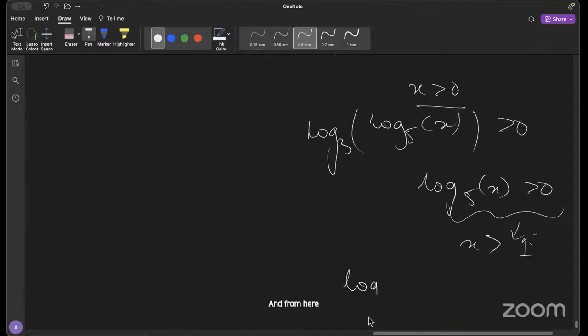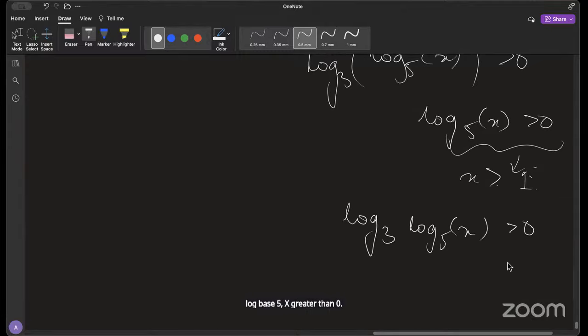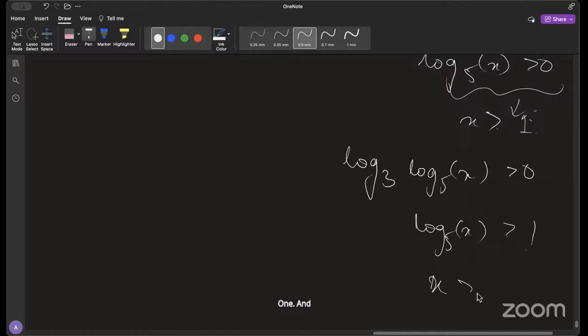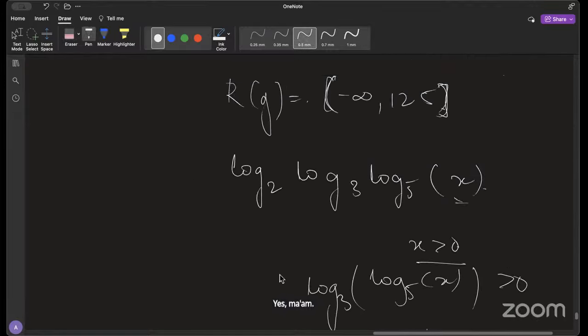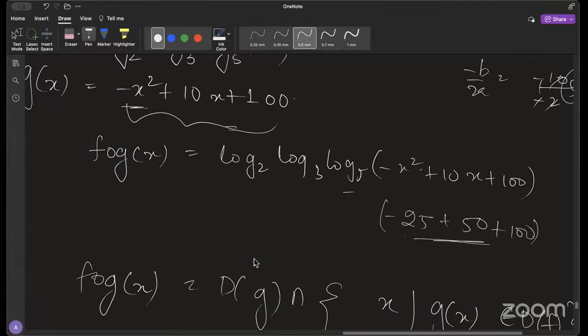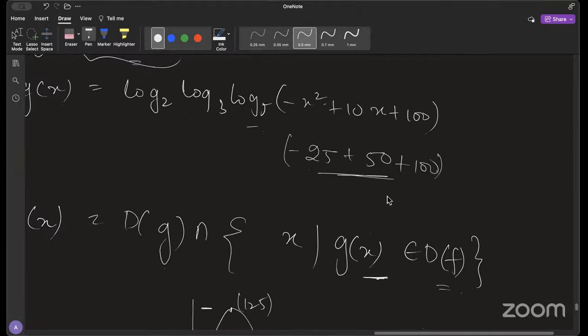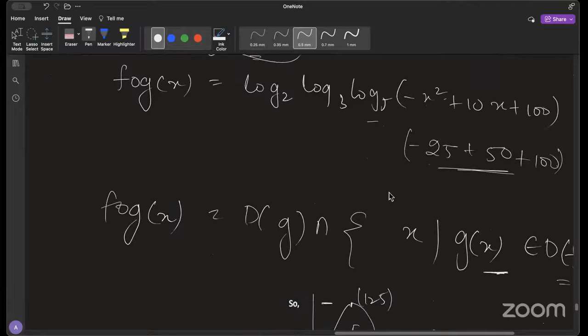And from here, log base 3 of log base 5 x greater than 0, you would have log base 5 x greater than 1 and x greater than 5, right? So the domain of f, one second.